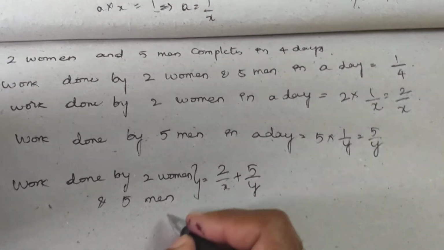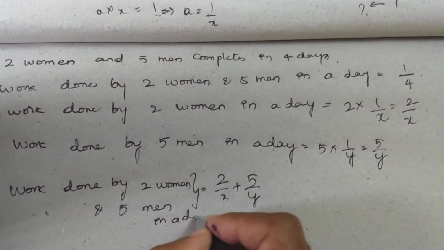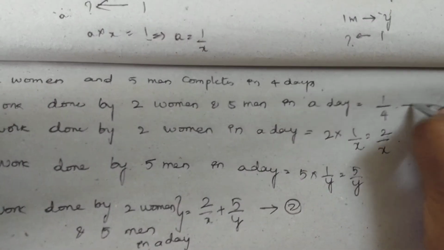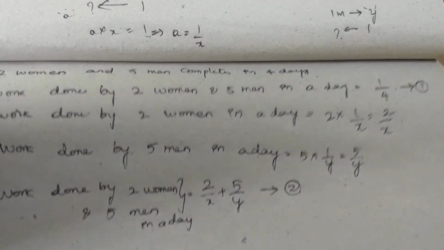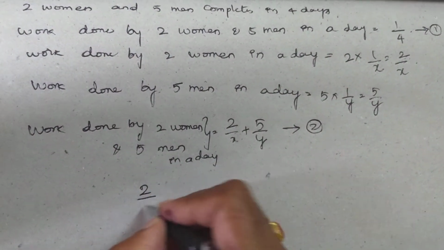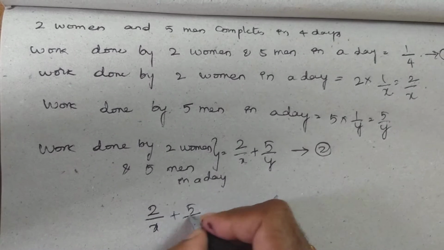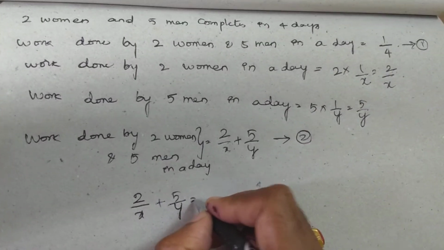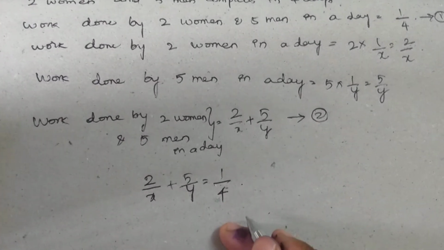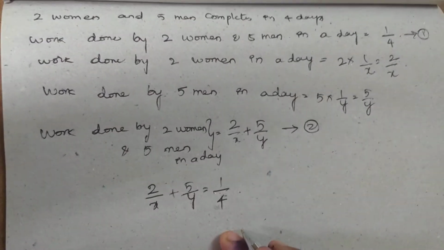This is in a day, right? So consider this as equation 1. Let us equate these two, and we'll get 2 by X plus 5 by Y equals 1 by 4. Clear?